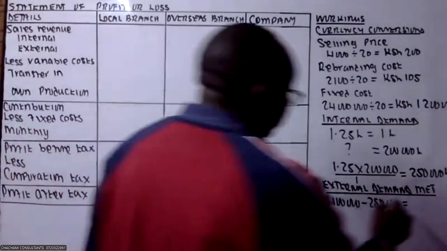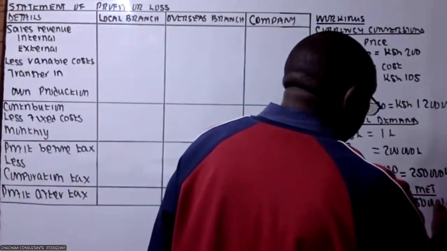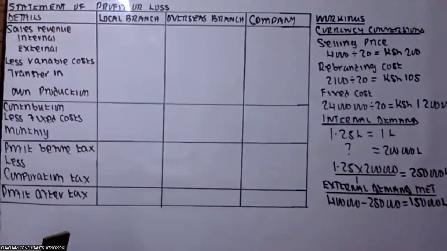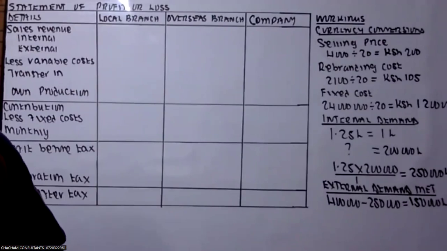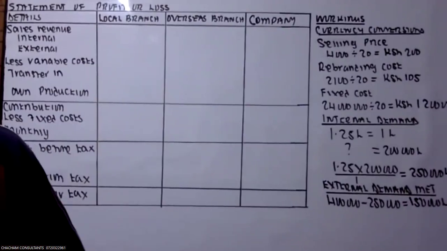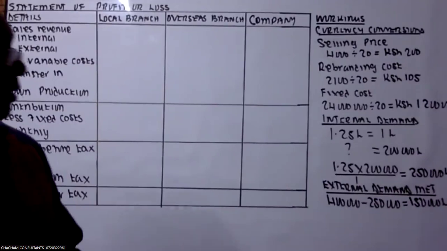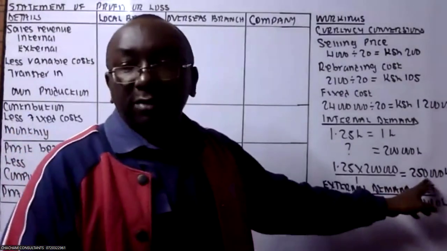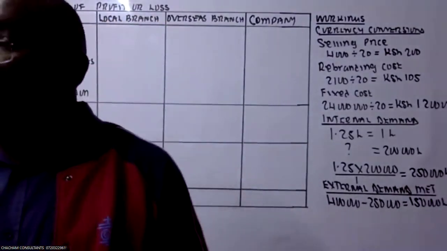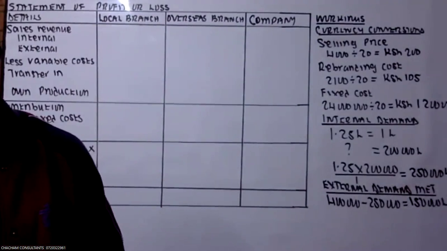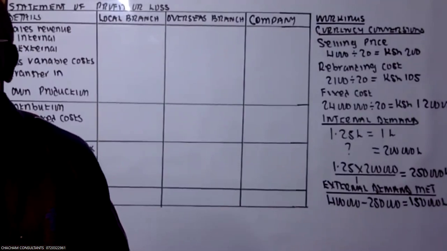So we have 150. In as much as the outside market requires 320 liters from the local branch, we can only meet 150. Oh, this 250 they had already computed for us. I was surprised. You can see it there. So they had already computed for us the demand from overseas. Yeah, good.